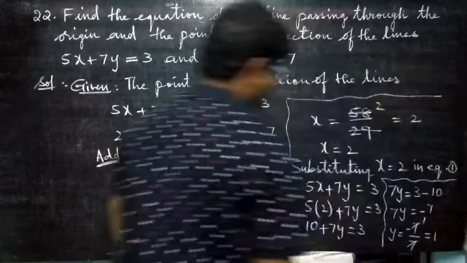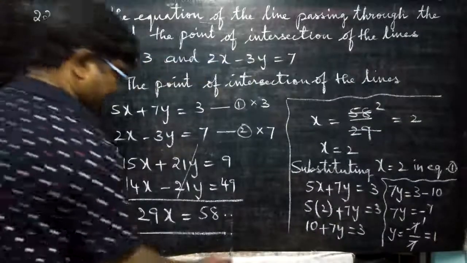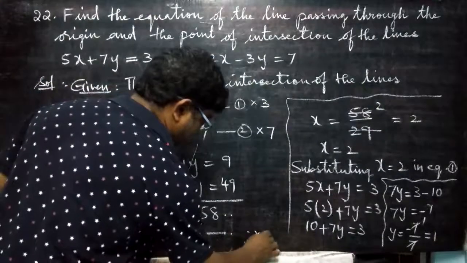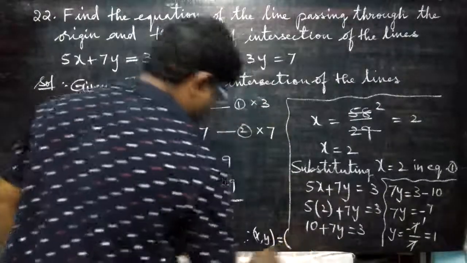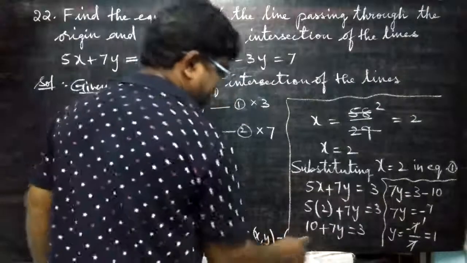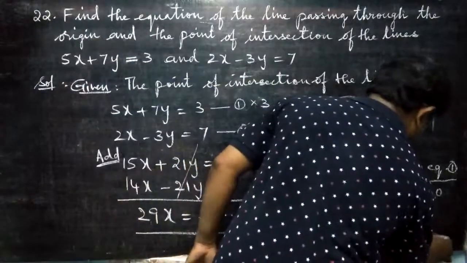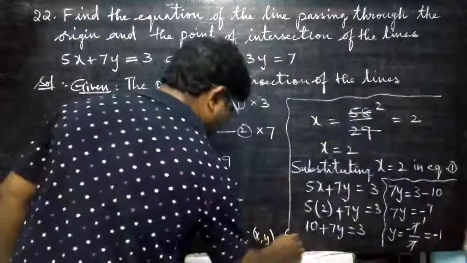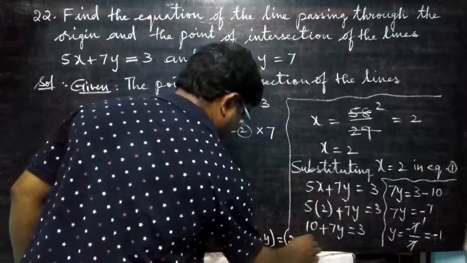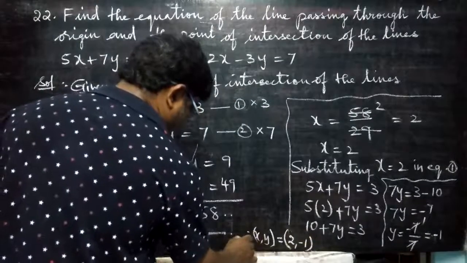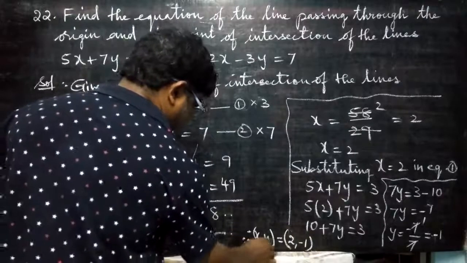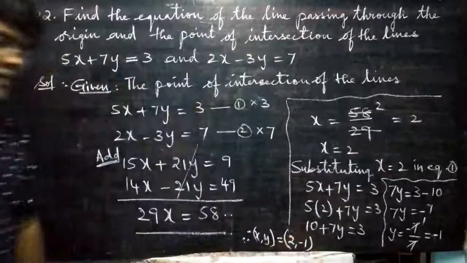So, y we got as minus 1. Therefore, x comma y point, how much we got means 2 comma minus 1. Write clearly. Therefore, x comma y is equal to 2 comma minus 1.